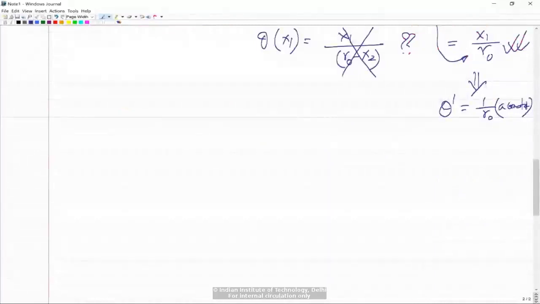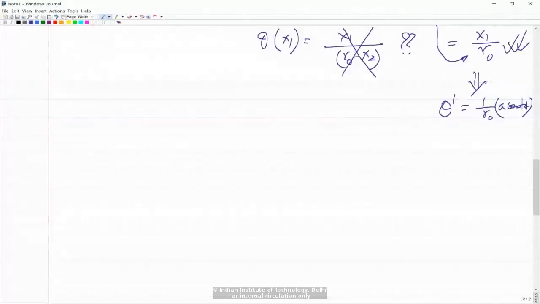See, it is indeed bending into concentric arcs, but the distance between the concentric arcs can change, right? There can be compression or extension along the x2 direction in the beam, and therefore h need not remain the same.